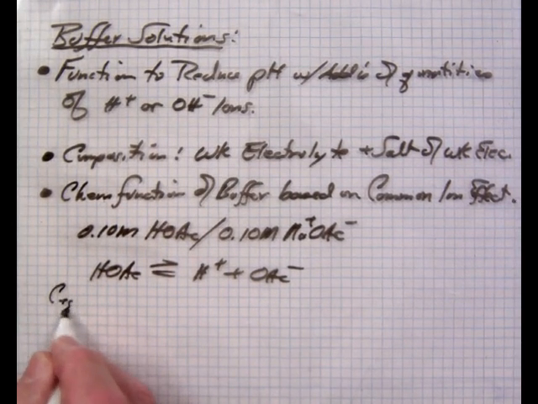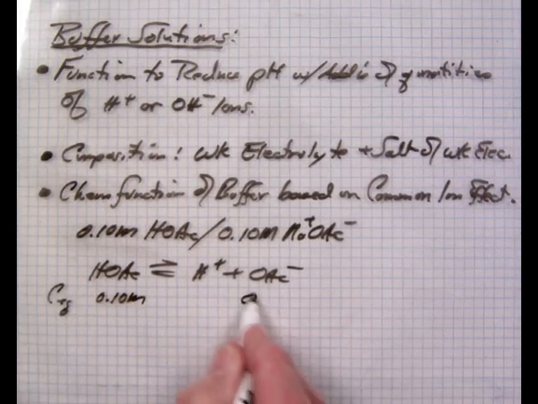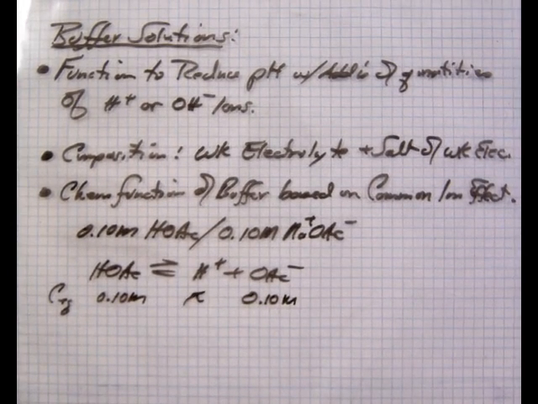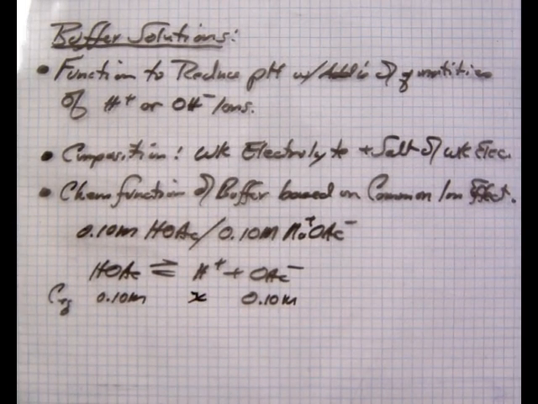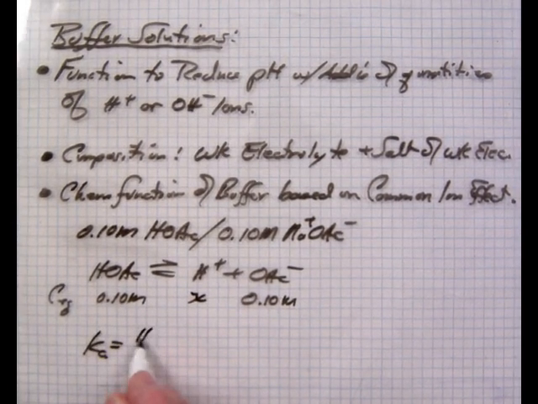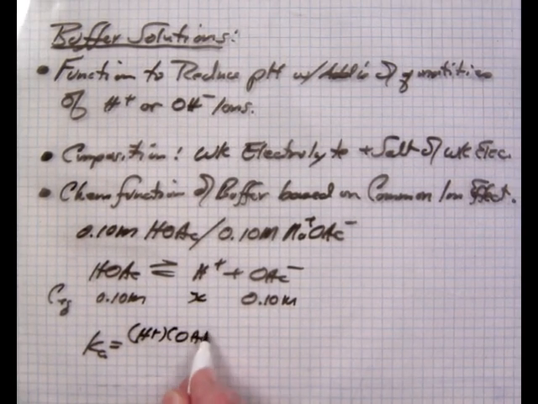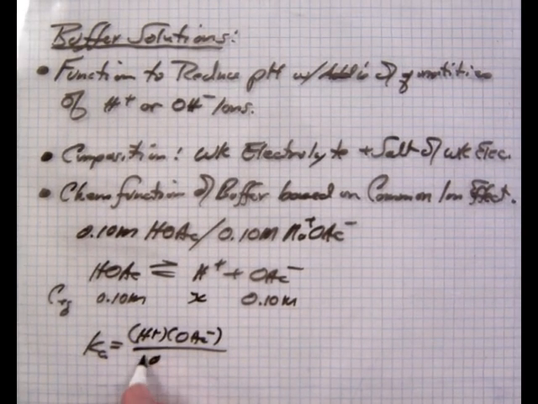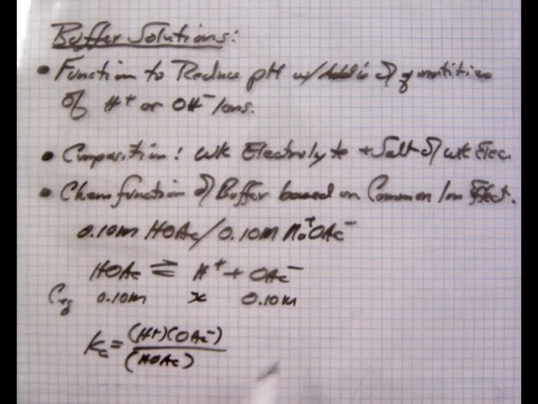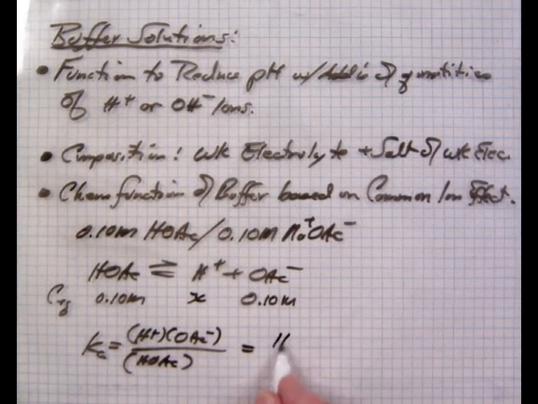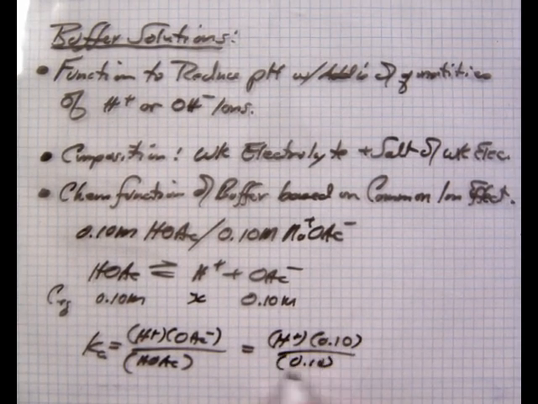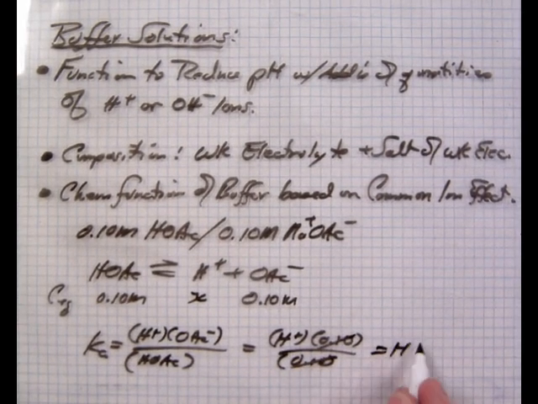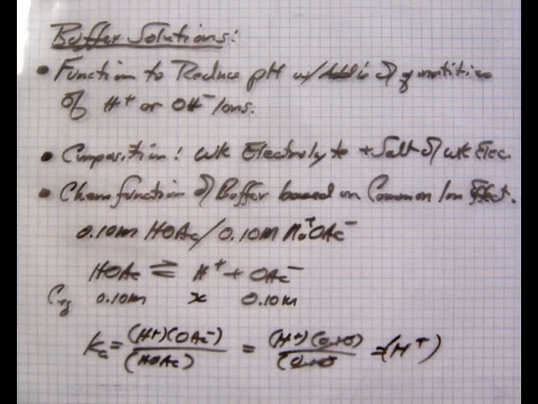Here at equilibrium, 0.10 molar, 0.10 molar, and there's your hydronium ion concentration. Make it look like an X right there. Well, Ka equals the hydronium times the acetate over the acid, those are molar concentrations. And if those are equal, then you have nothing but 0.10 divided by 0.10 molar. Those cancel out. And so at a 50-50 buffer, your Ka equals your hydronium ion concentration.